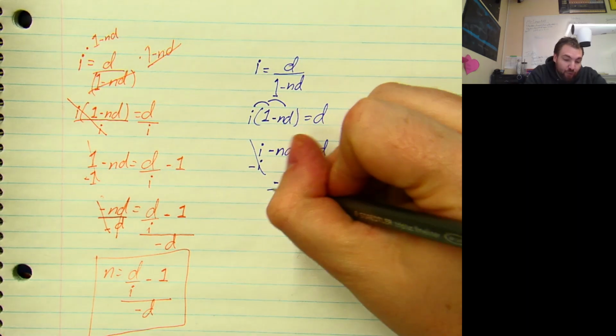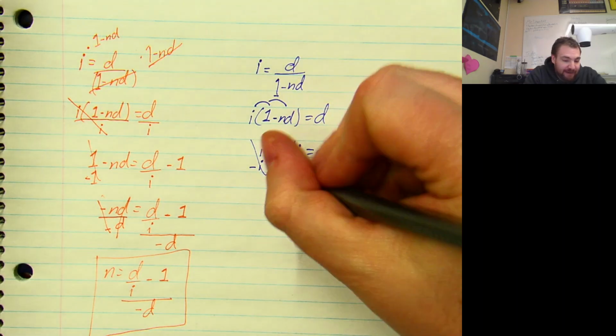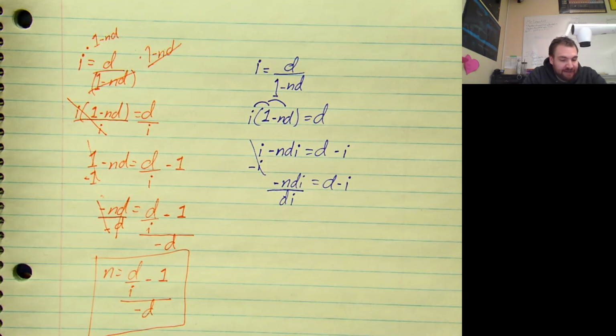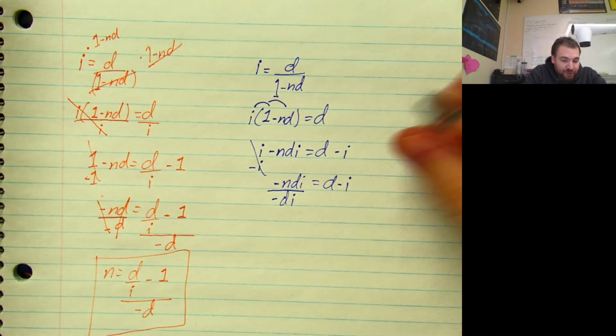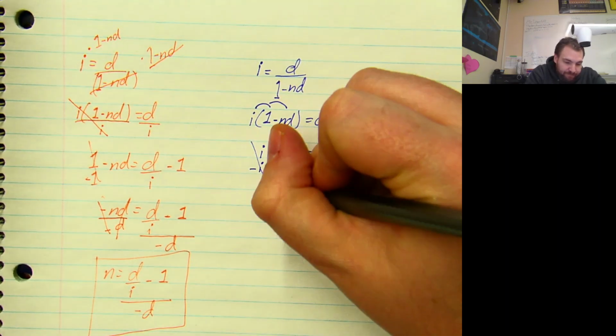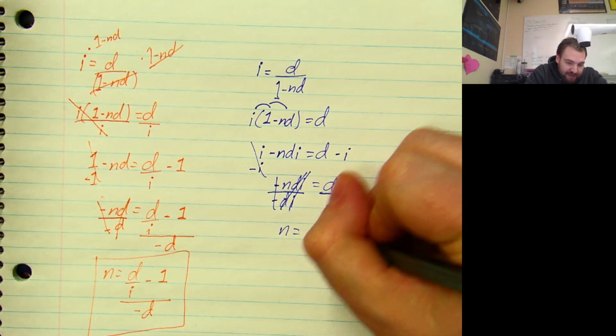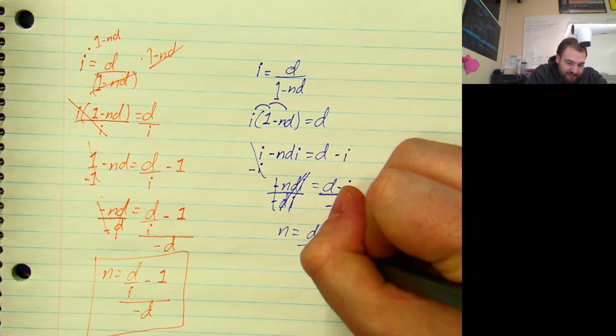If we can do it in one step, that'd be cool. I can divide by d, I can divide by I, and I can divide by the negative. So I can divide this whole thing by negative dI. So I'm going to get n equals d minus I over negative dI.